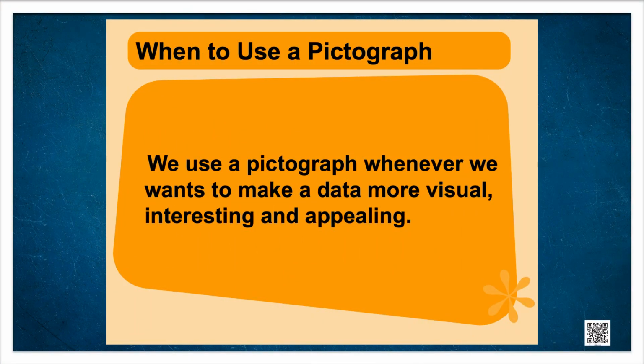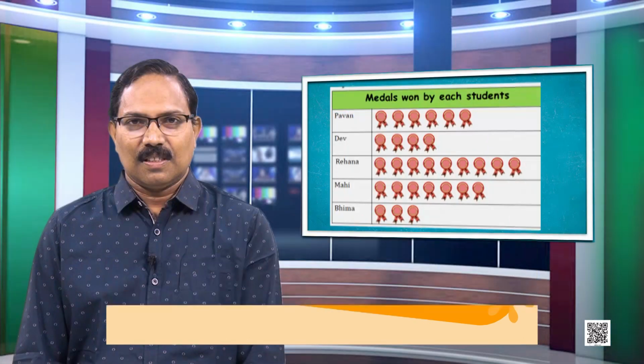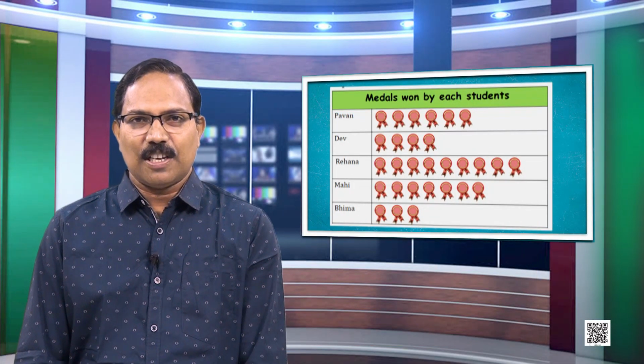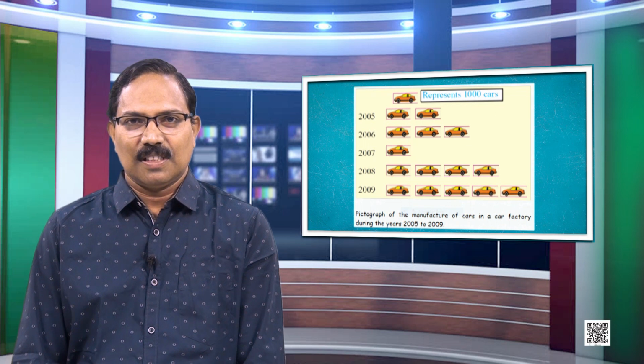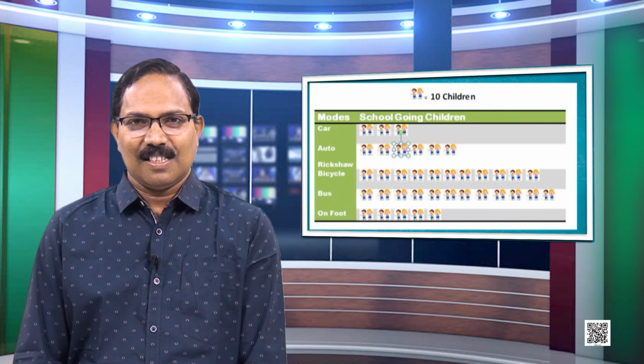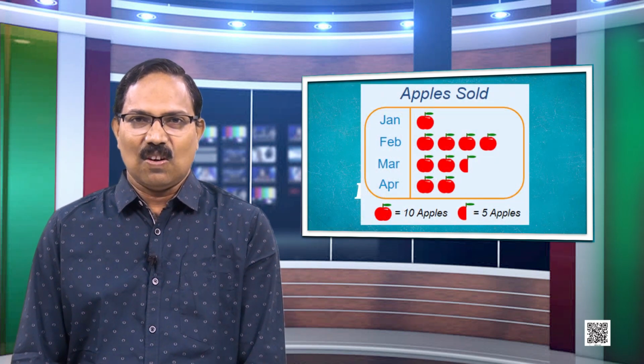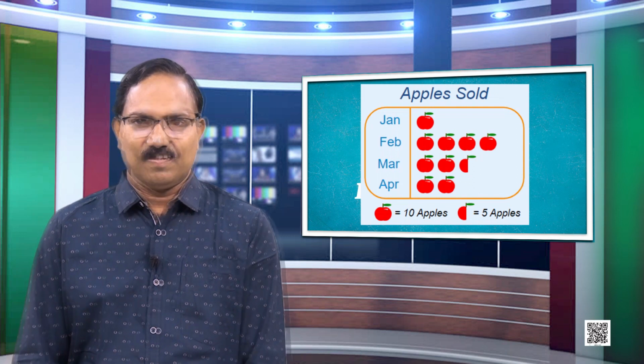We use a pictograph whenever we want to make a data more visual, interesting and appealing. Okay. Look into different pictographs. Is it interesting? Yes. It is very interesting and it conveys a lot of information.